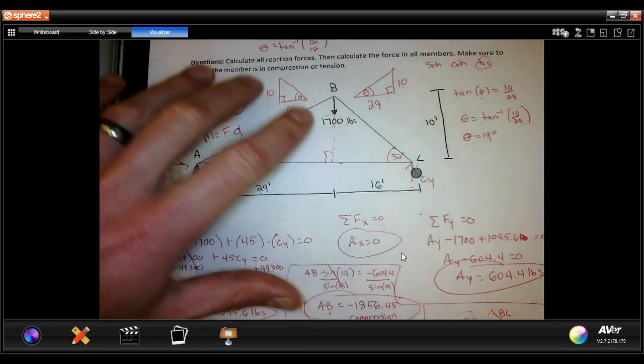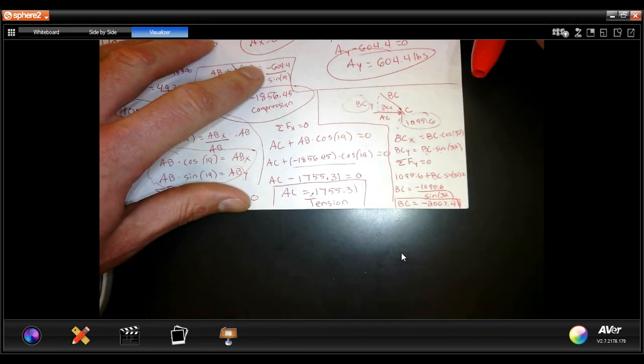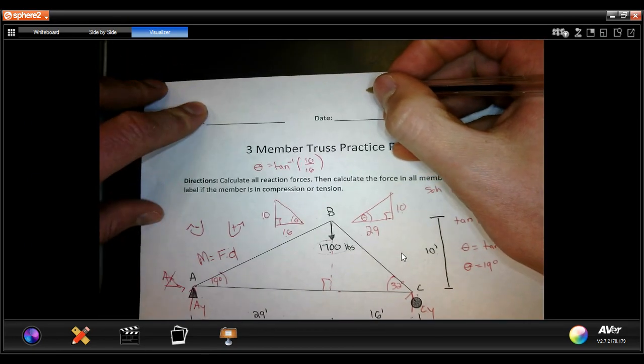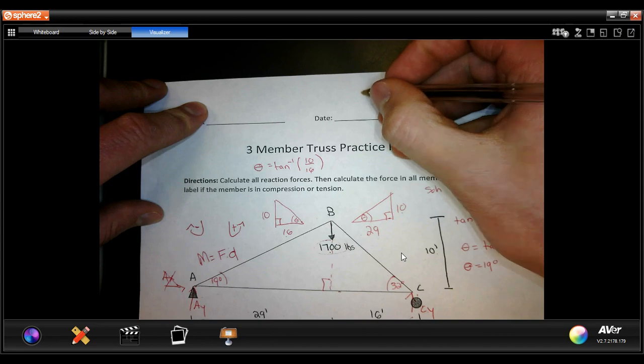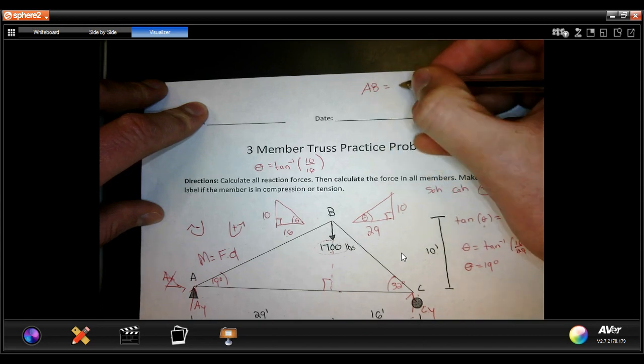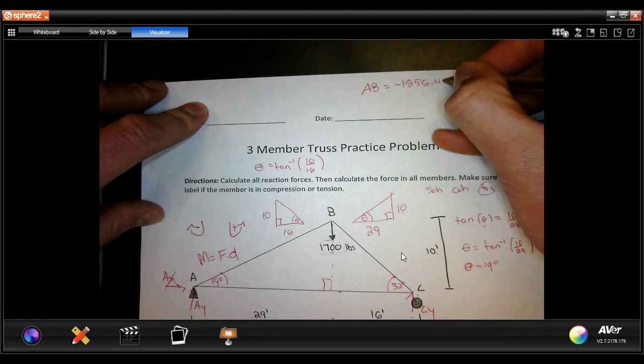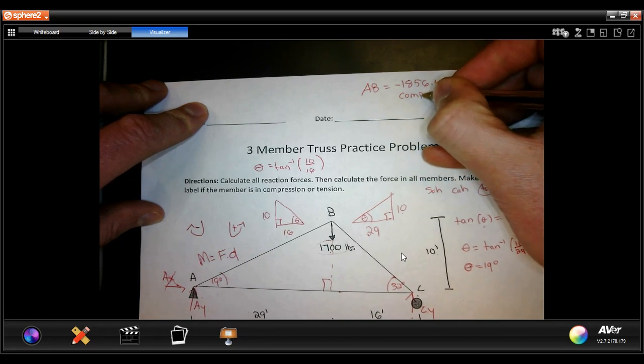Okay, so to sum it up, I'll put my answers at the top. We have AB is negative 1856.45, in compression because it's negative.